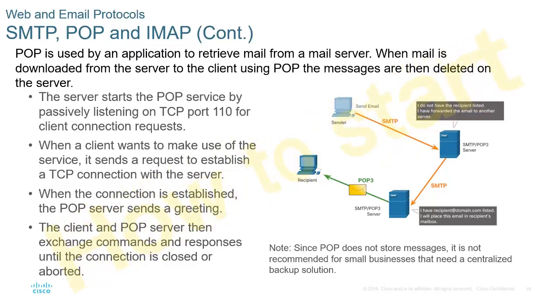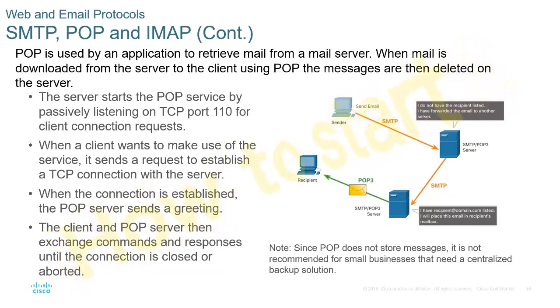Basically, in this example, if we're dealing with POP3, the client has to pull the POP server, exchange the appropriate commands and responses, and then once they receive it, they will get them. Again, POP3, POP, doesn't store messages.